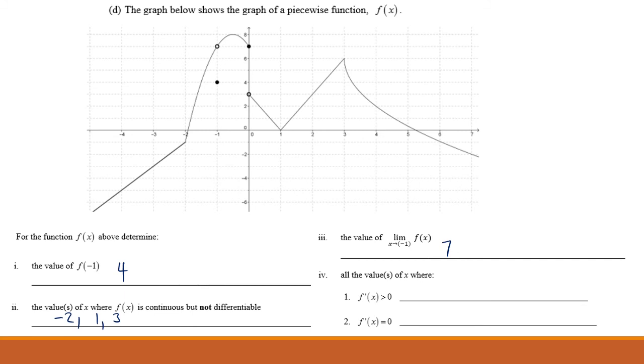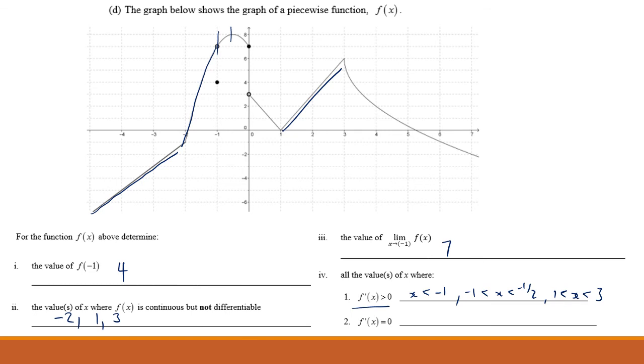Where the function is increasing, well, that's going to be there. So x is going to be less than -1. Also between there and there, so it's between -1 and a half, and also between 1 and 3, but don't write it like that.